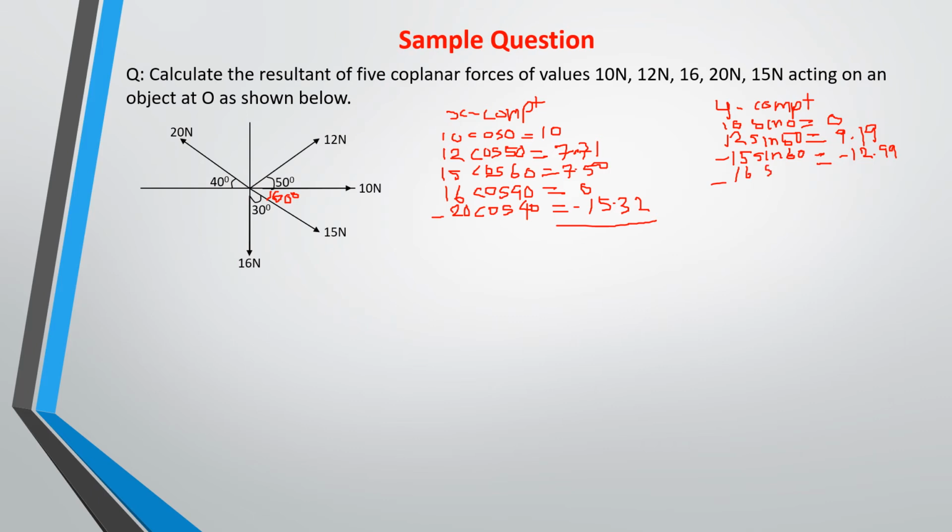Then the next one is minus 16 sine 90. Sine 90 is 1, so that gives you minus 16.0. The last one is 20 sine 40.